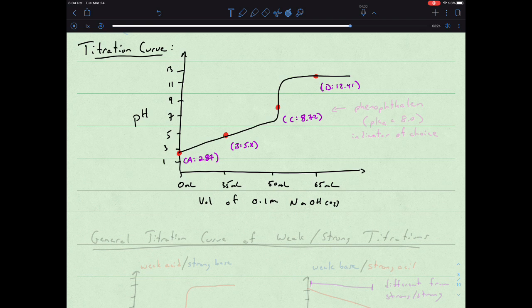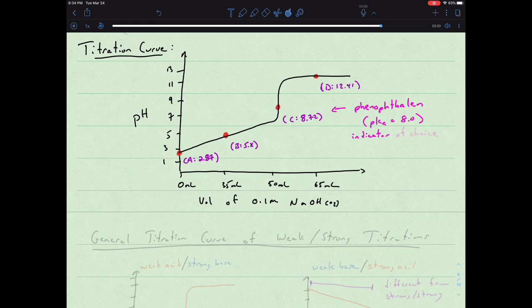Getting into indicator, we would choose phenolphthalein because the indicator phenolphthalein has a pKa of 8. So we would get a color change at the equivalence point.